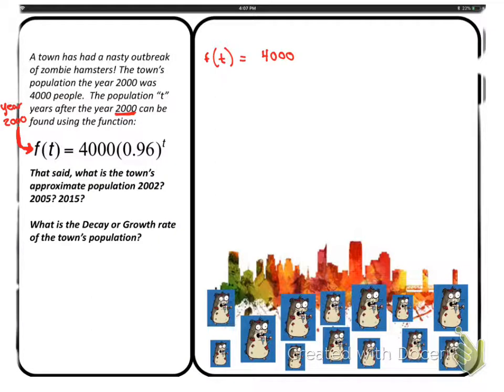And 4,000 is the starting population, it tells us that. That's our A. Times 0.96. Okay, now my t. I got to determine what my t is here. So for the first one I'm going to do the year 2002. And I'll put 2002 up here.